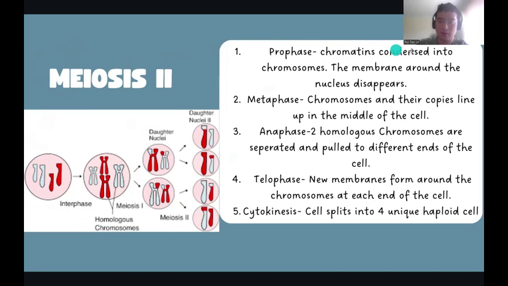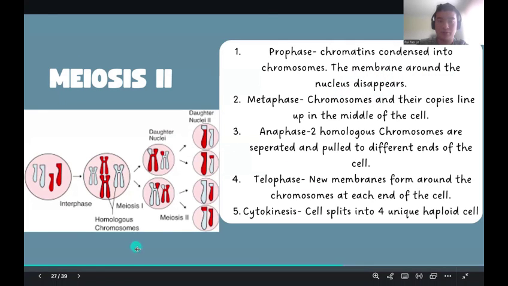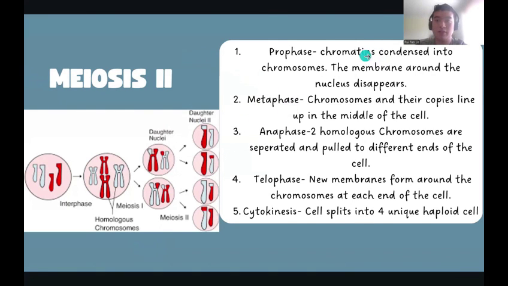So in this one chromatin condenses into chromosomes, and the membrane around the nucleus disappears. It should be chromatids, I think. Metaphase, chromosomes and their copies line up in the middle of the cell.